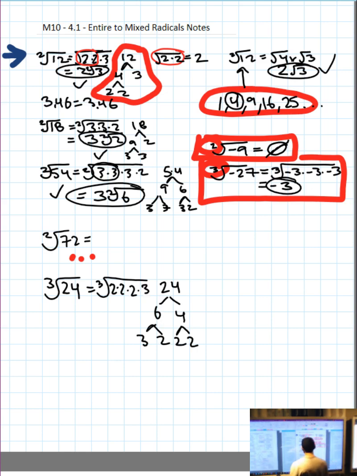Now this time, we have 2 times 2 times 2. So we're doing the cube root of 2 times 2 times 2. I like to do my work off to the right. Well, 2 times 2 times 2 is 8, so it's the cube root of 8, which is 2.